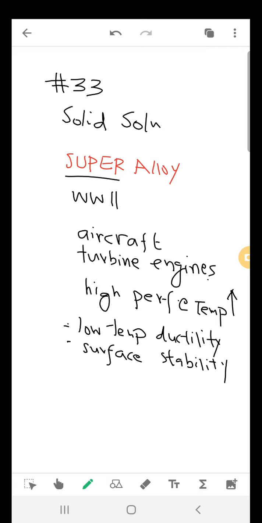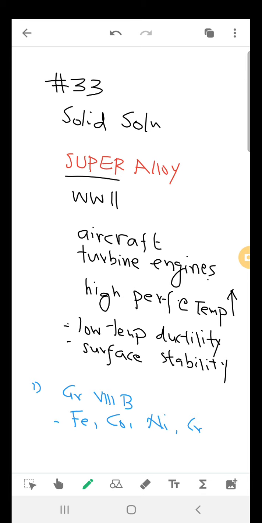Now the superalloys are based on group 8B elements, and various combinations of the transition metals like iron, cobalt, nickel, chromium.